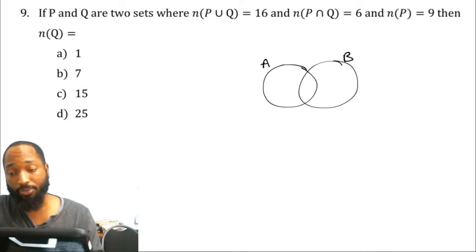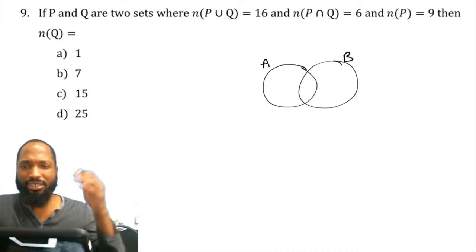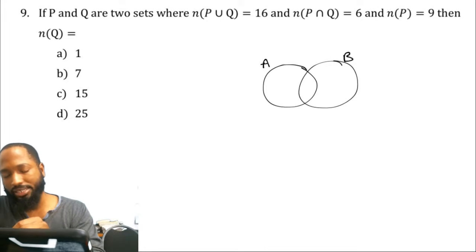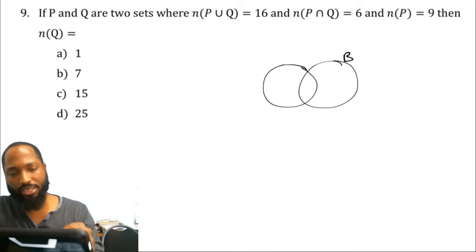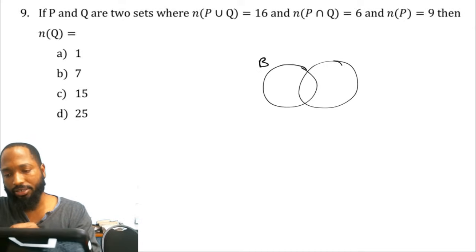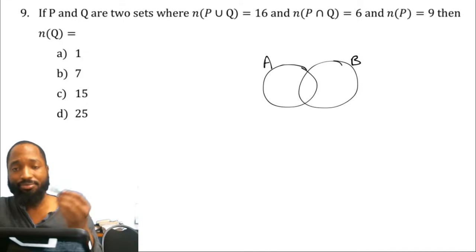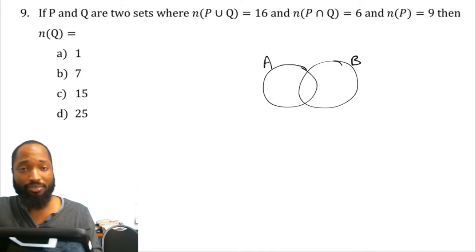So pay attention, people. Maybe I need to go into a little more example with this. Let me say A stands for athletics or something, and B stands for basketball.